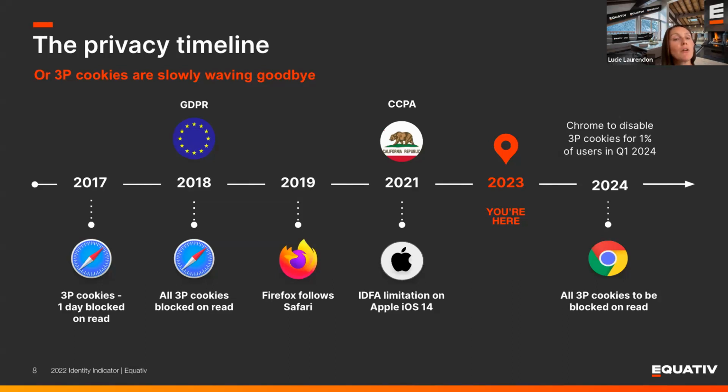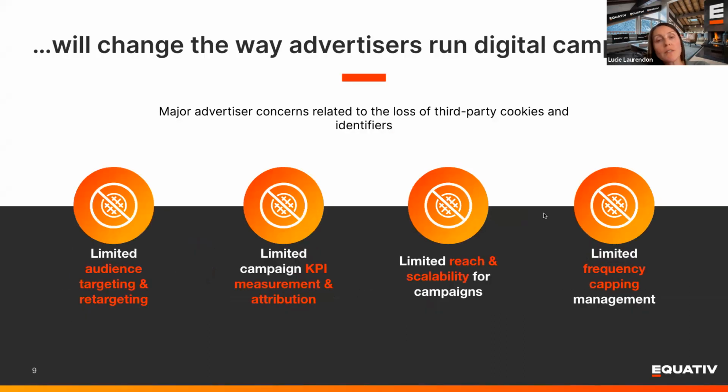We will have a continuation in 2024, finally, if Chrome decides to do what they've been promising for the last couple of years, to block third-party cookies on their end as well. They should do it. They announced that they will block the usage of cookies on 1% of their users starting early Q1. So let's see if this will really happen.